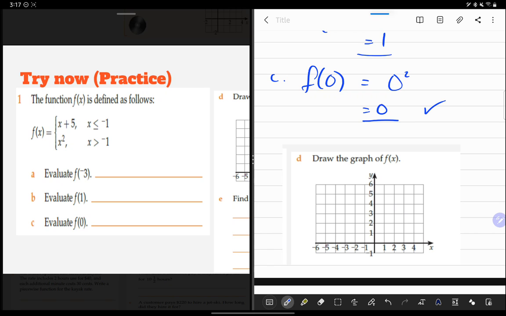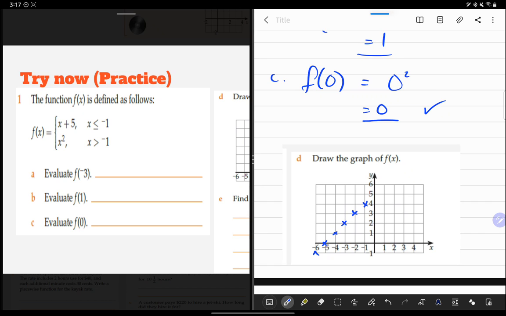Now cool. When x is -1 or smaller, it's x plus 5. So at -1, x plus 5 is 4. And if you do the rest, so at -2, if x is -2, -2 plus 5, and so on and so forth, we know that's the line we get.